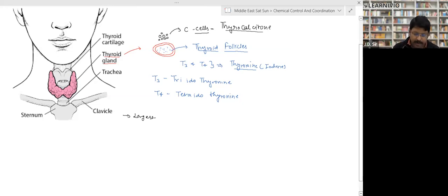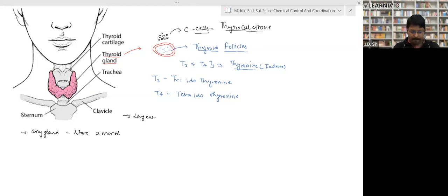This is the only gland that stores hormone for 2 months.